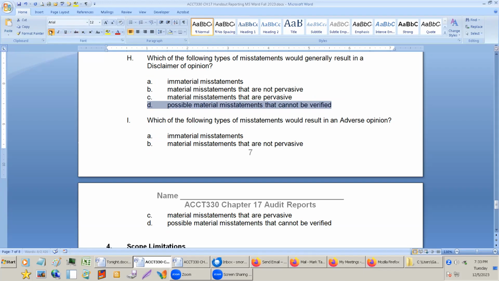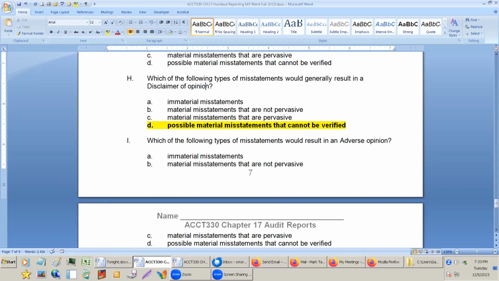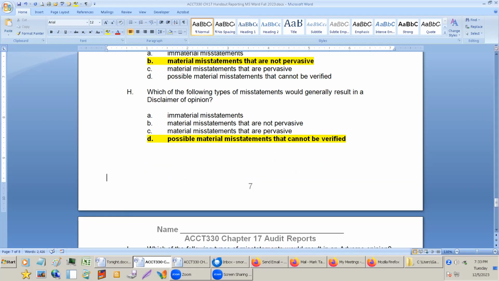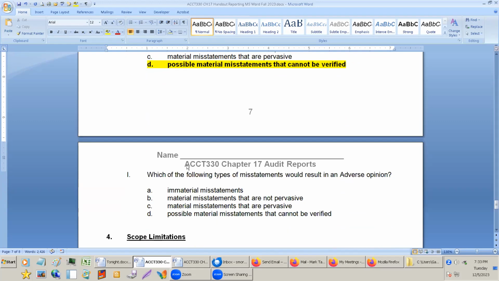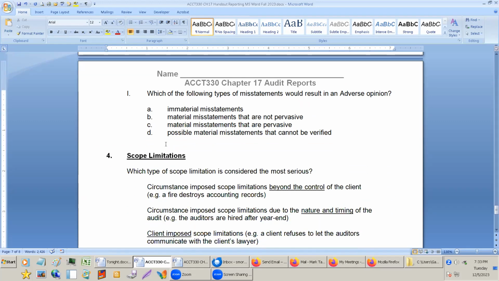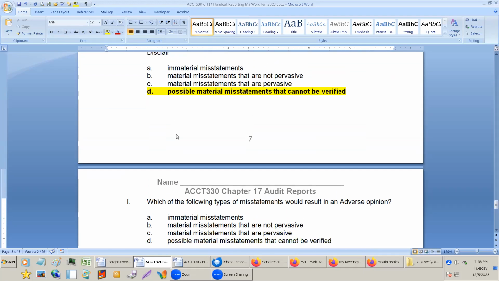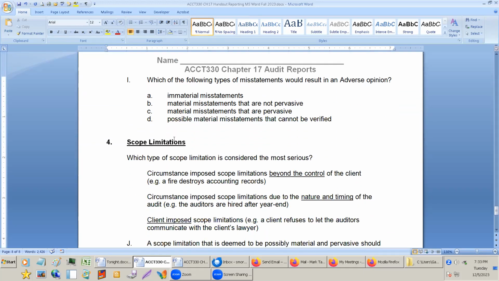Yeah, any possible misstatements cannot be verified. So whether good or bad, a disclaimer really is nothing. I mean, it's like shrugging your shoulders or something. For whatever reason, my spacing got weird here. So okay, what's it? H, I, if that's I or no.